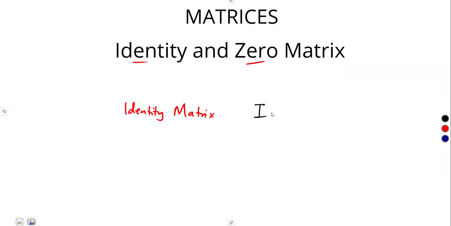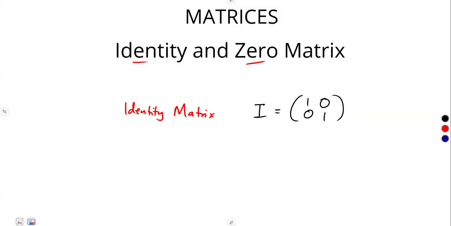As a matrix, that identity matrix is 1, 0, 0, 1. That is the major diagonal, which will be having 1, 1 like that. The minor will be 0. So that is the illustration of an identity matrix.